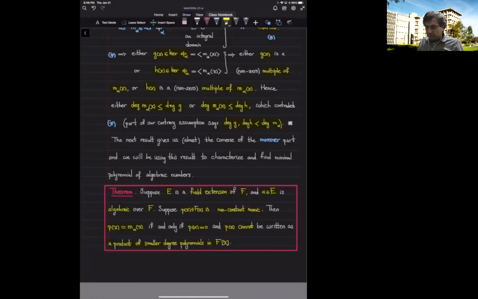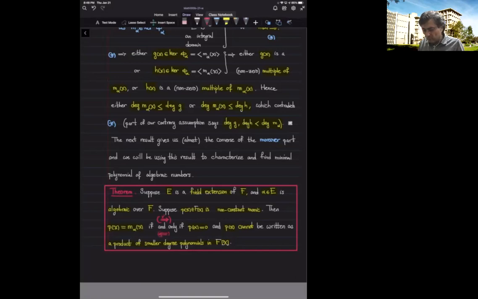So we have already discussed this direction, that if I give you the minimal polynomial, then it cannot be written as a product of smaller degree polynomials in F[x]. This part we have already discussed. The question is the other way around.